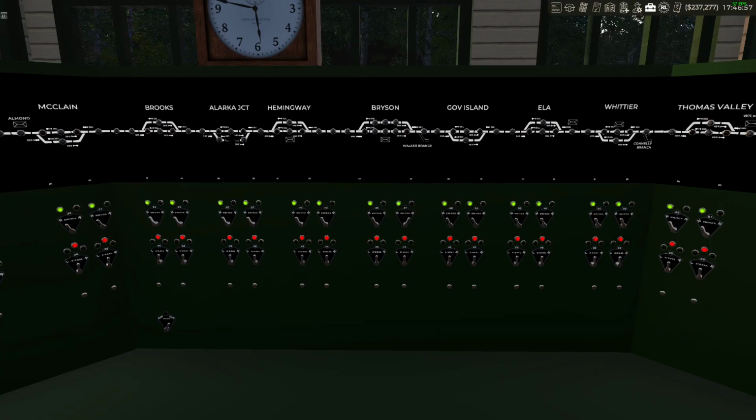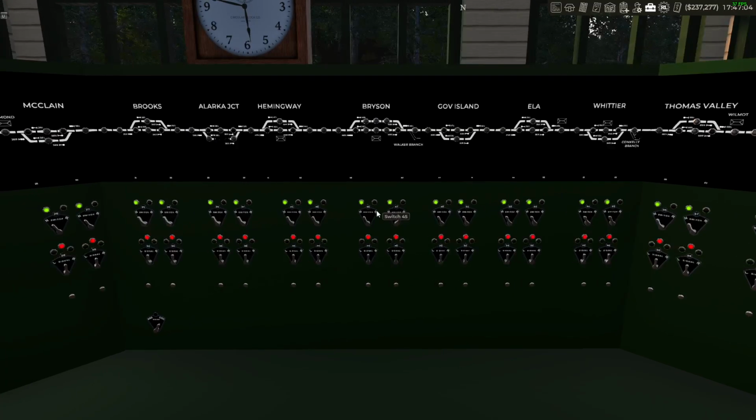And folks at home, obviously we're talking about centralized traffic control dispatching. A little over a year ago we talked about timetable and train order and the fun you can have with that, and absolutely it's a ton of fun, but it's all about fun switches tonight and the cool things you can do dispatching trains this way versus another way.